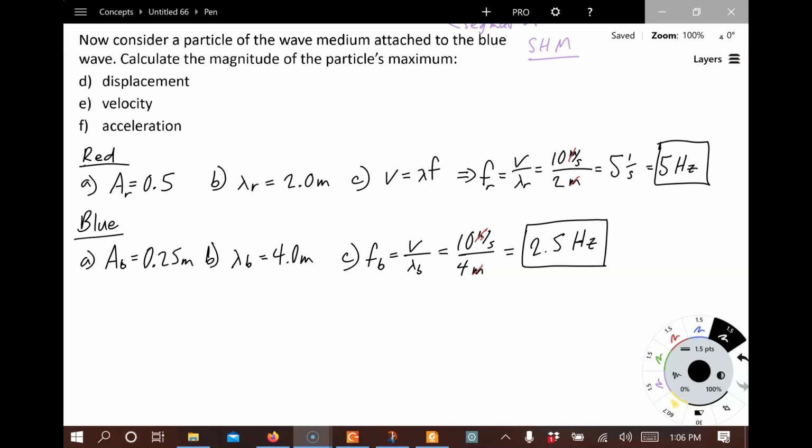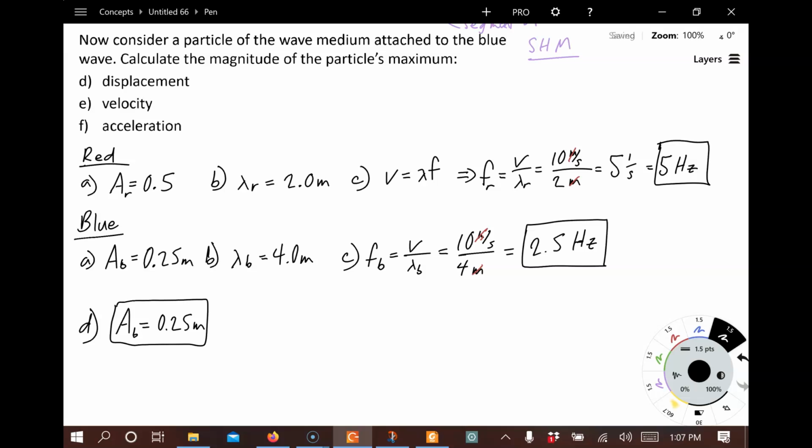All right, so as we saw for part D, to get the maximum amount of the displacement, that's going to be equal to the amplitude. Well, we already saw that for the blue wave, that's equal to 0.25 meters.